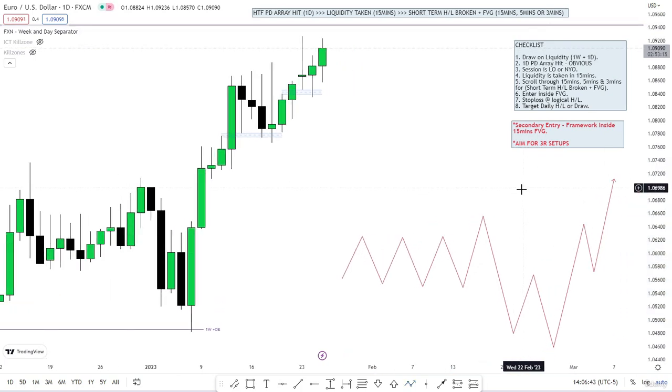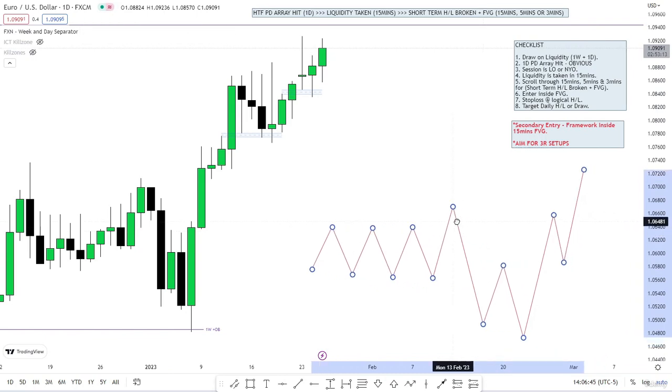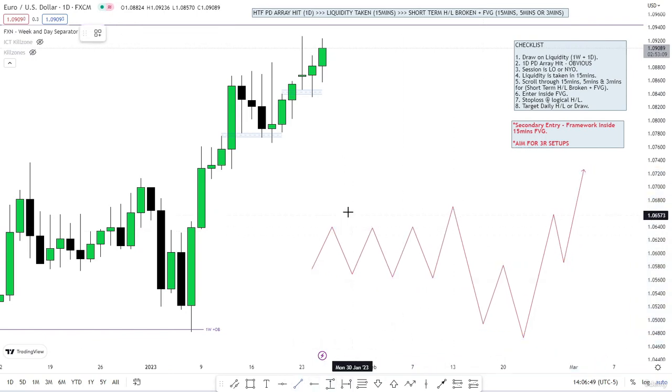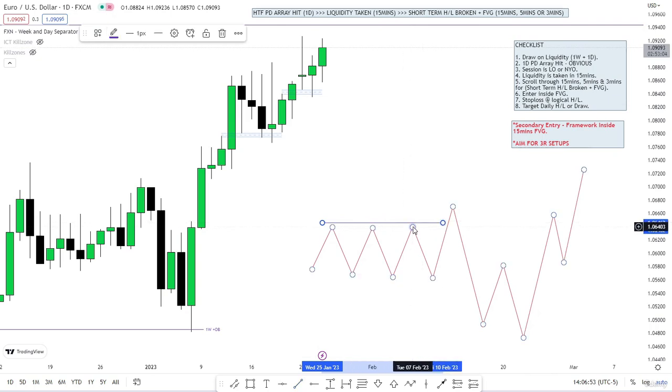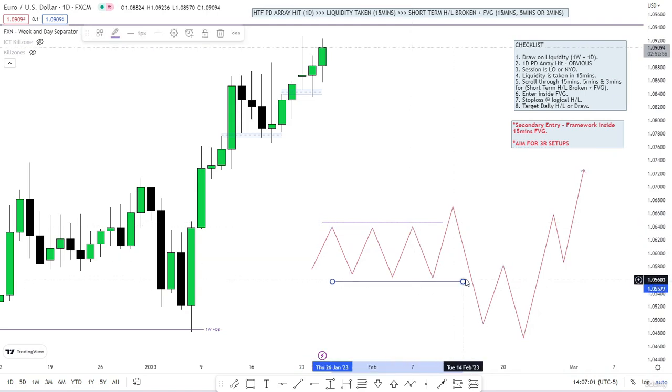So this is actually the Asian. So this is the Asian range. So probably you have, so this is just an example. So you probably have something of the sort in your charts. Then you see you have a PD array down here.